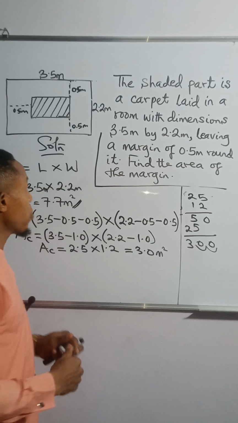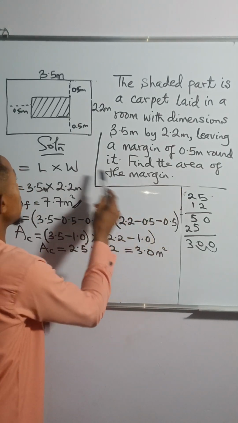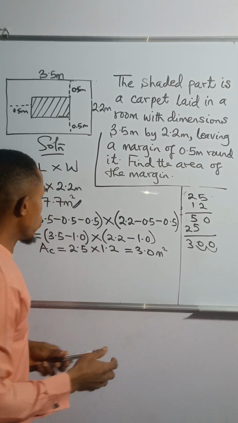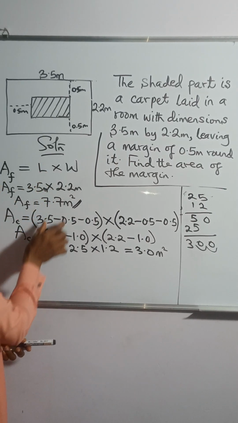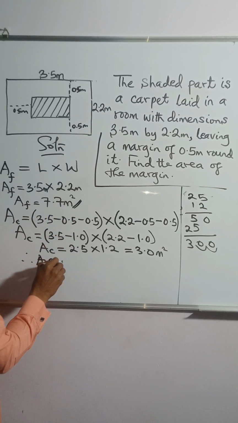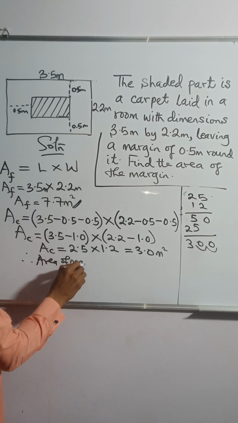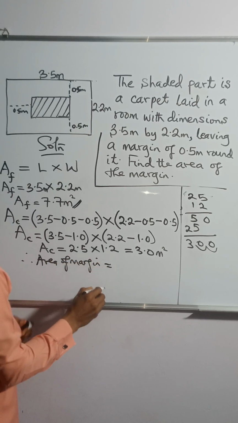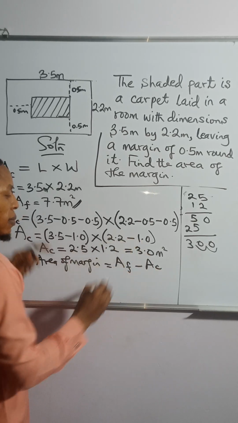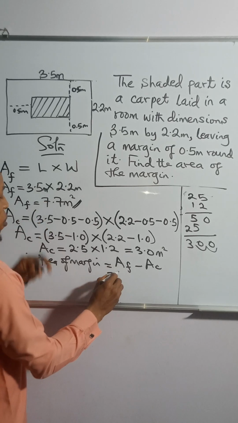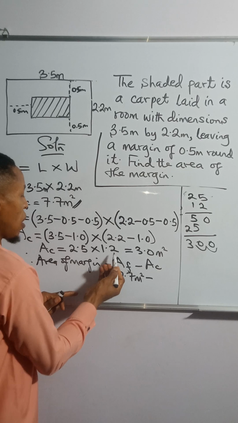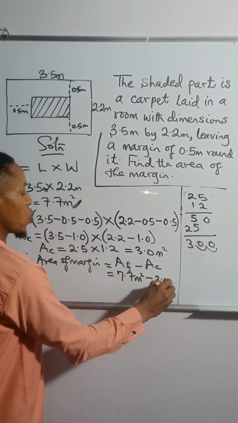Okay, now for us to obtain the area of the margin, the area of this unshaded part within this floor, we're going to subtract this from the area of the floor. So therefore, area of margin will be equals to area of the floor minus area of the carpet, which will be 7.7 meters squared minus 3.0 meters squared.